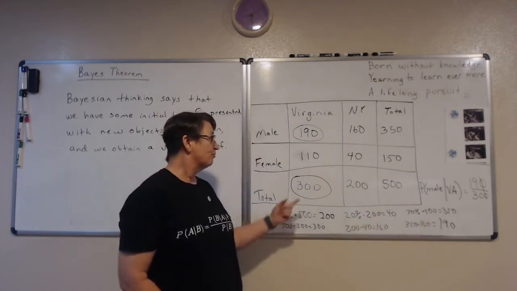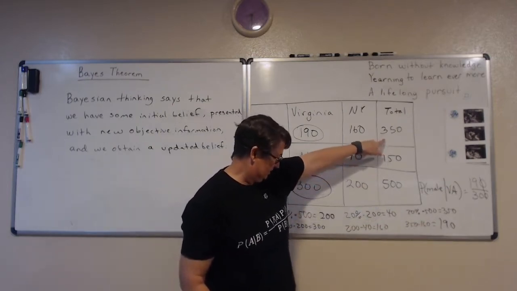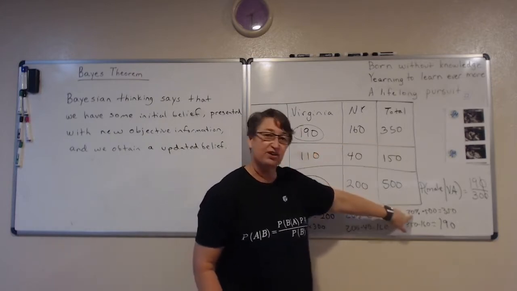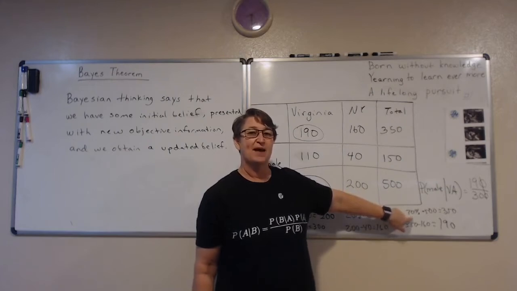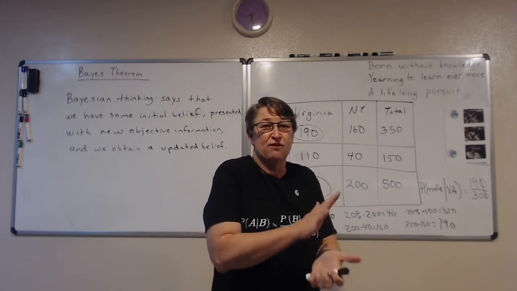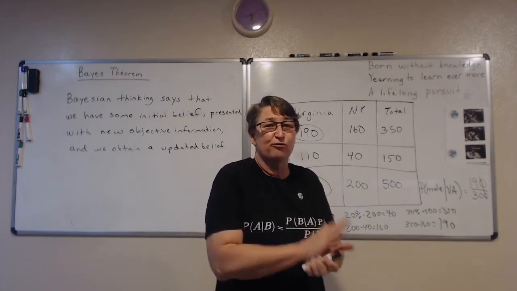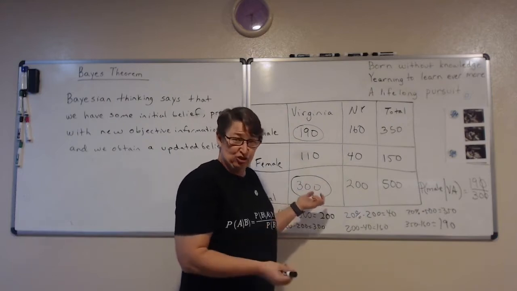Well, the probability I got a male was 70%. So 70% was the probability that I got a male. But then once I knew they were a Virginia voter, once I knew they were for Virginia, the probability changed.